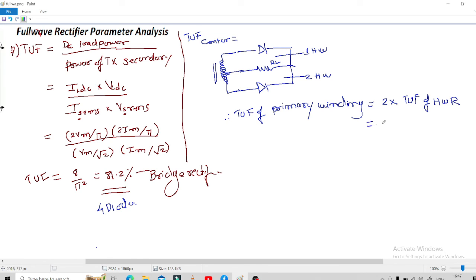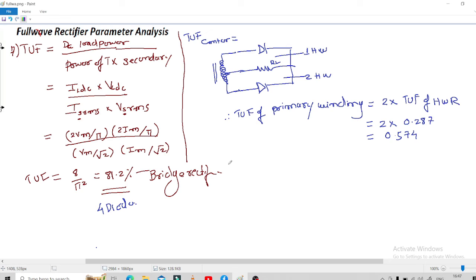Okay, we know what the TUF for a half wave rectifier is. We have calculated it, it is 2 into 0.287. So it becomes 0.574. In my earlier video, we have calculated the transformer utilization factor for the half wave rectifier and we got 0.287.